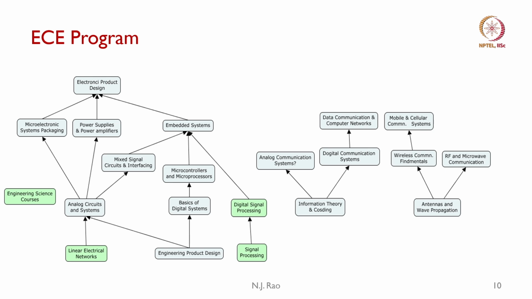And if you take the triple E program, electrical and electronics, then instead of electronics you can pick from here, but the electrical courses will have to be correspondingly added. There can be some interaction between them as well, especially in today's context.